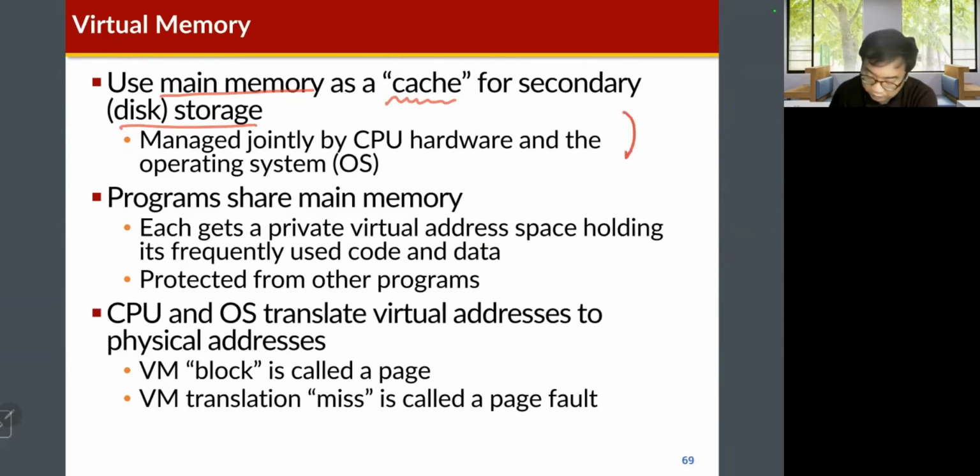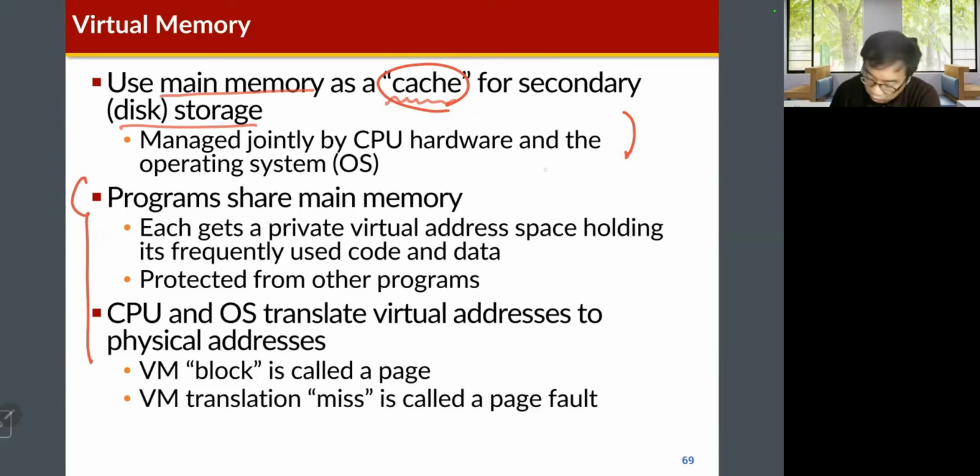As I explained, the original purpose of virtual memory is to use main memory like a cache for the storage devices. But these are the real purposes of the virtual memory concept. Many programs, many processes share the physical main memory, and it's not possible to manage the physical addresses of each application when software is designed.